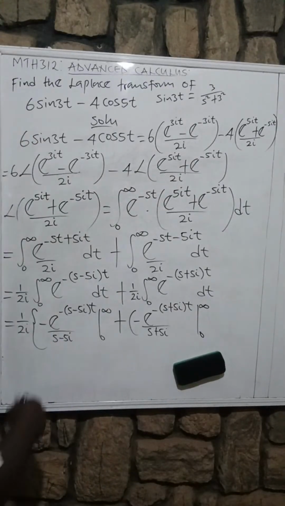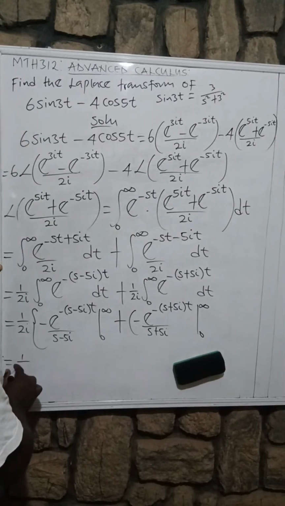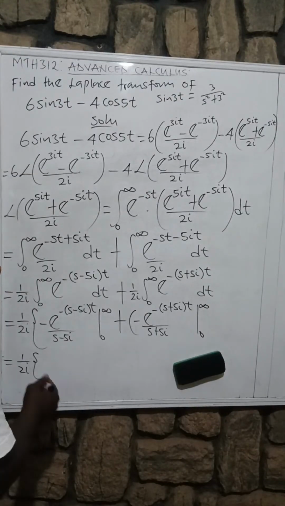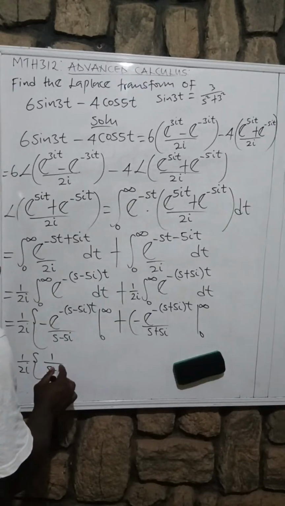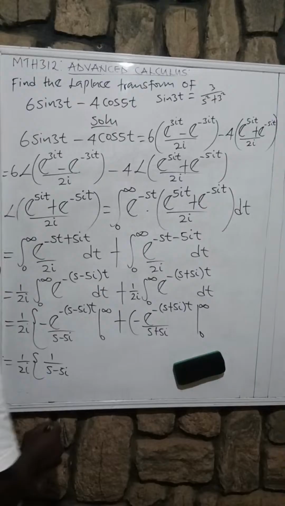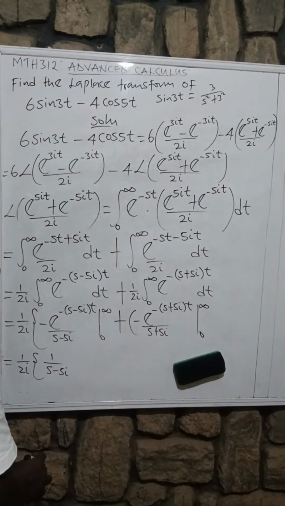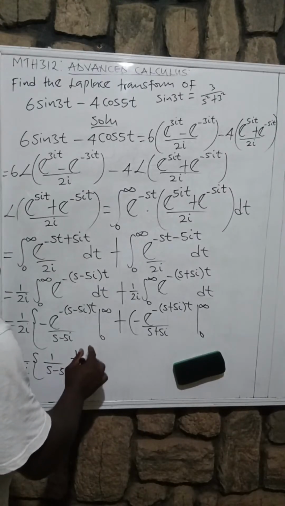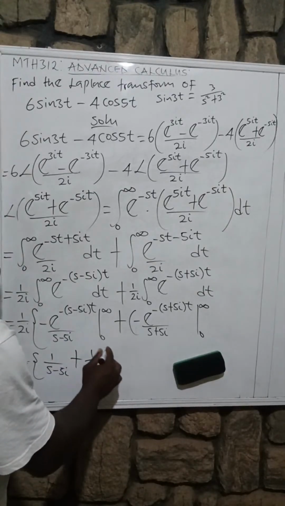So if you can see what I am saying, this will now be 1 all over 2i open bracket 1 all over s minus 5i, plus 1 all over s plus 5i.